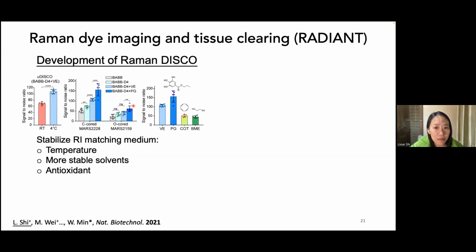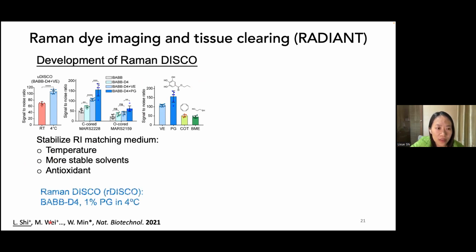To achieve this aim, I started from screening established tissue clearing protocols, and we found an organic solvent-based method called DISCO, and its derivatives, works the best. So on top of the DISCO clearing recipe, we first modified it by lowering the temperature to 4 degrees, and also screened antioxidants for better preserving Raman dyes.